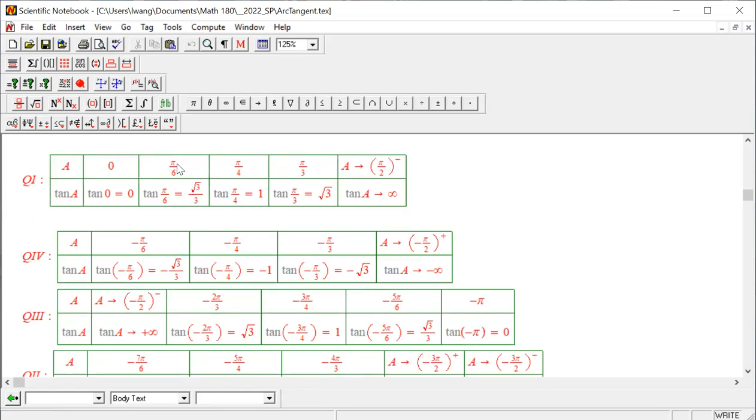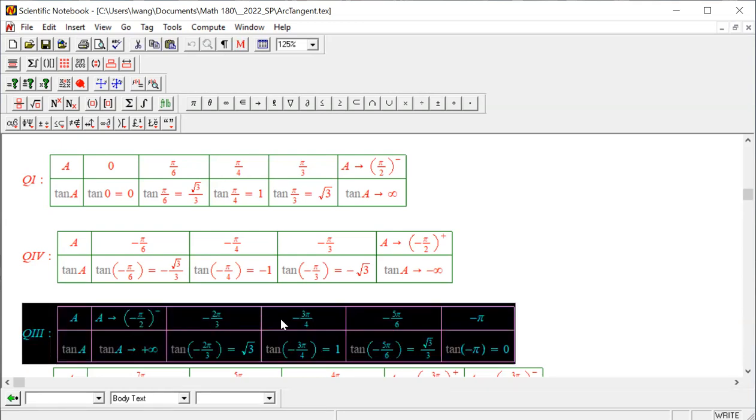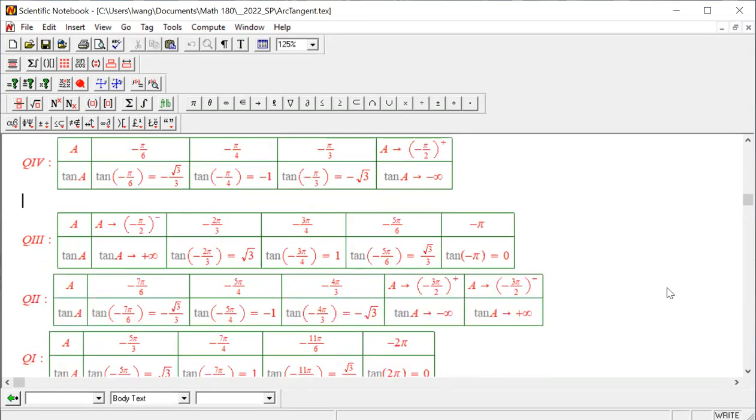Opposite inputs, pi over 6 and negative pi over 6, their outputs are opposite. Pi over 4, negative pi over 4. Opposite input, opposite output, you see? And this comparison can be done, we can just keep going.